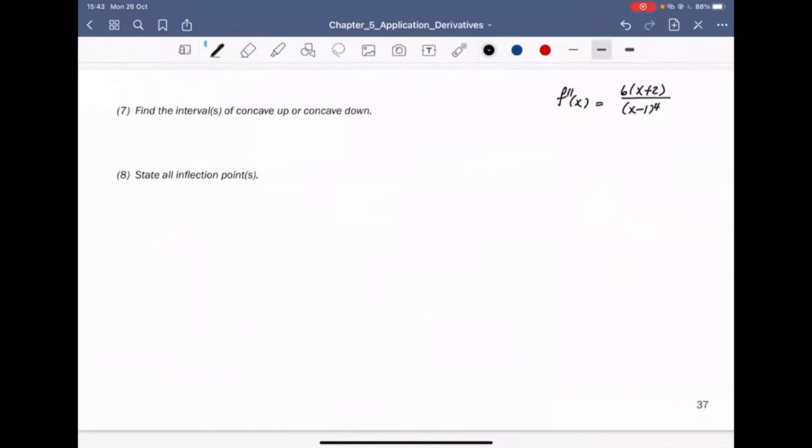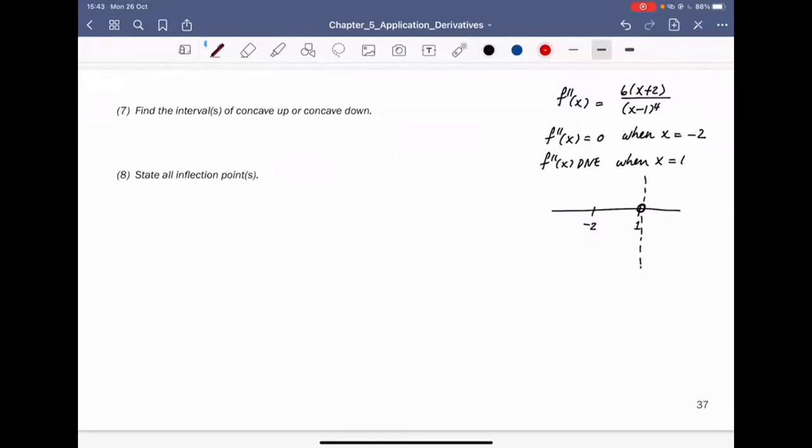Of course, f double prime of x equals 0 when x equal to -2, and f double prime of x does not exist when x equal to 1. So your candidates are -2 and 1, but again, 1 is not in our domain, so we're just gonna keep it like that.